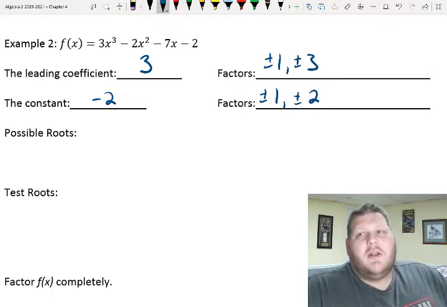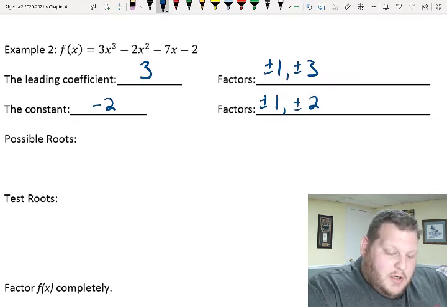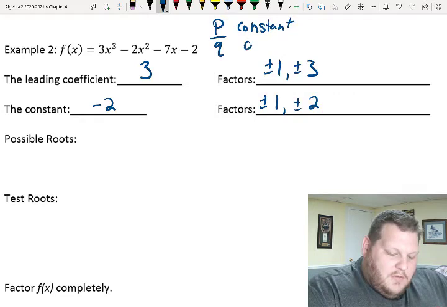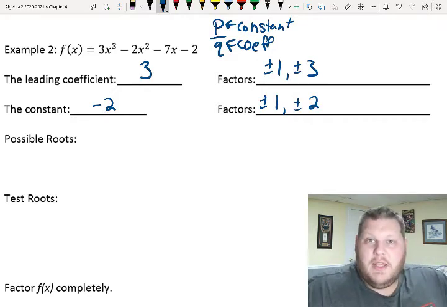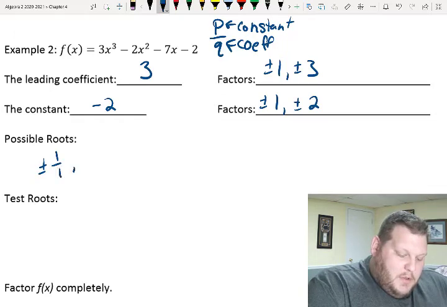So now what I have to do is, because my possible roots are always P over Q, which is, again, factors of my constant over factors of my leading coefficient, I have to make sure every possible combination is represented. So one possibility would be taking my factors of my constant over 1, so plus or minus 1 over 1, plus or minus 2 over 1.